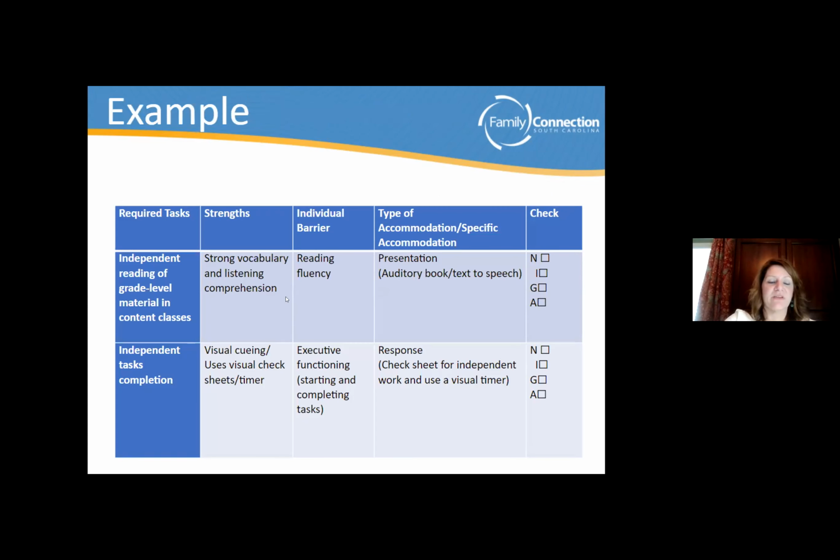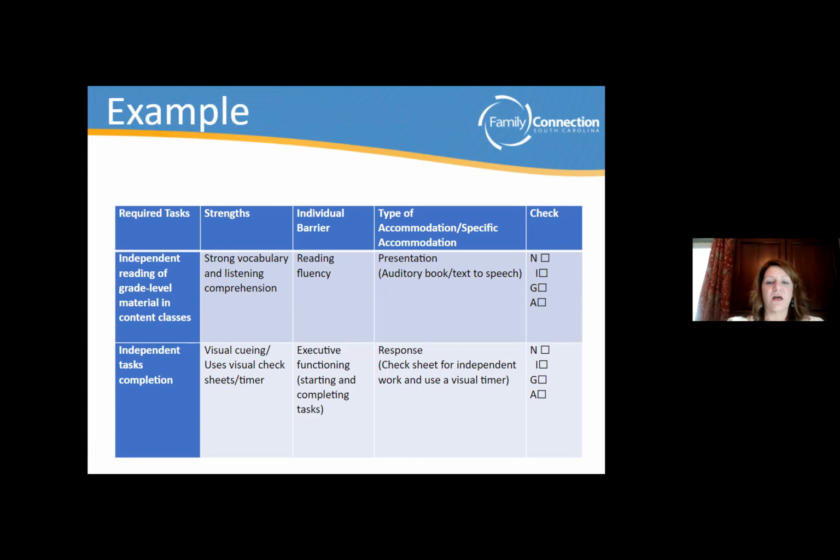And here's an example of that. If a required task is independent reading of grade level material in content classes, and you determine that the strengths of the student are strong vocabulary and listening comprehension, so they have some really good things going on there. One of their barriers, though, is reading fluency, the speed and accuracy of reading to get through the material.